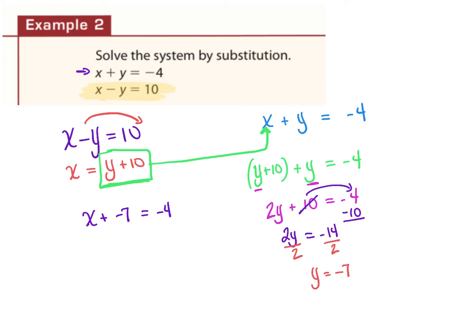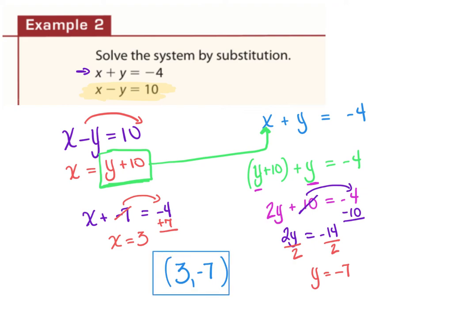What do I need to do here? Yeah, move him over. He's going to leave here. He's going to change to a positive over here. X equals 3. So my final answer here is my x, y. All right. Questions on that?